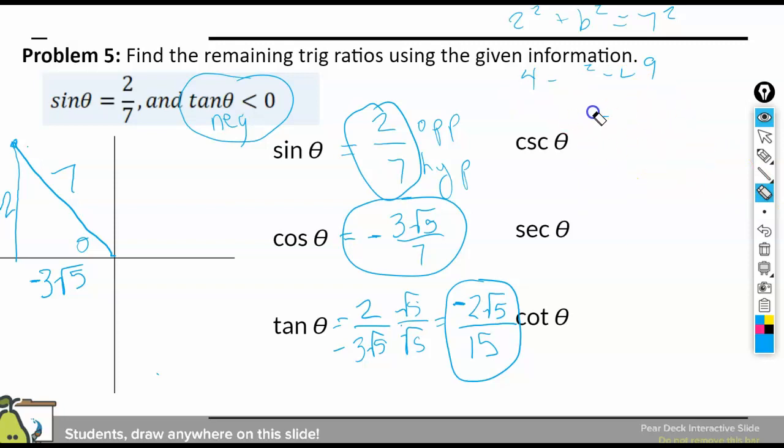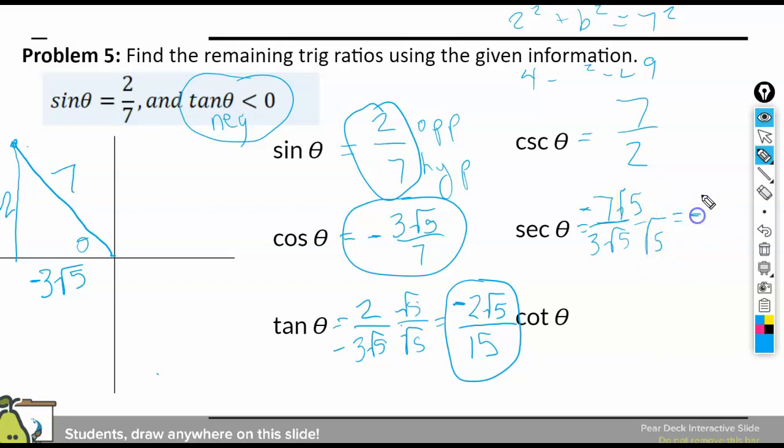Now, again, we just have to do the reciprocals. So cosecant is going to be the reciprocal of sine, so that's just going to be 7 over 2. When I do the reciprocal of cosine, I get -7 over 3 square roots of 5, but I am going to have to rationalize that.